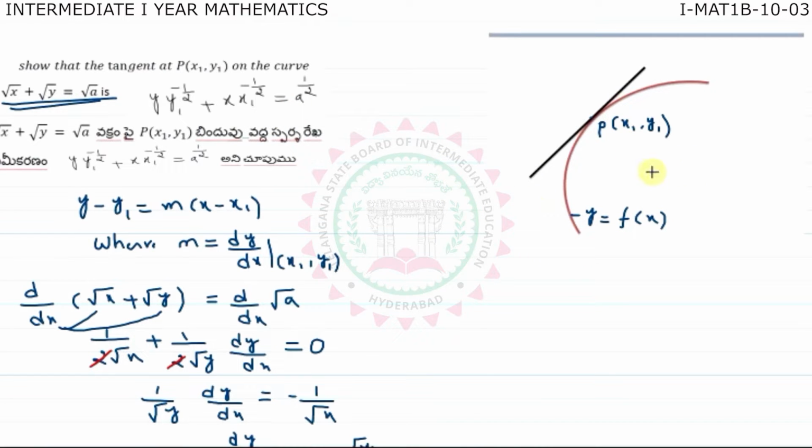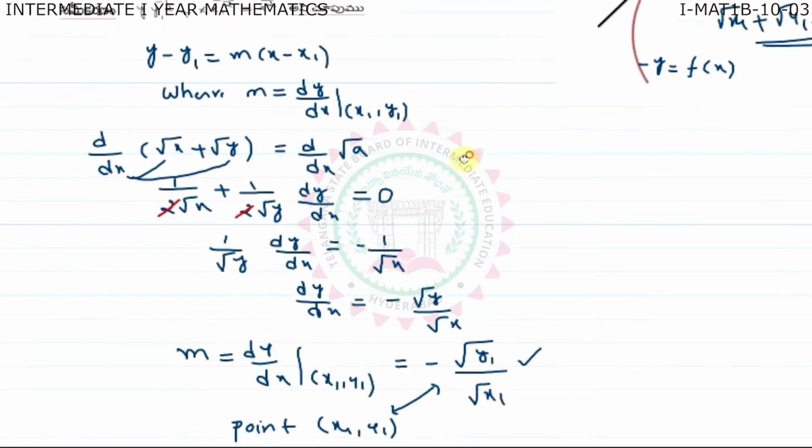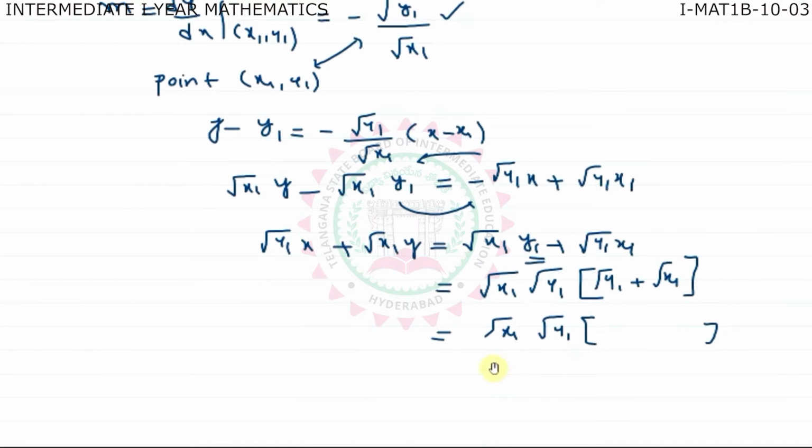From that I will get root x1 plus root y1 is equal to root a. Use this result in the given problem. So here you will get root x1 plus root y1 is equal to root a.